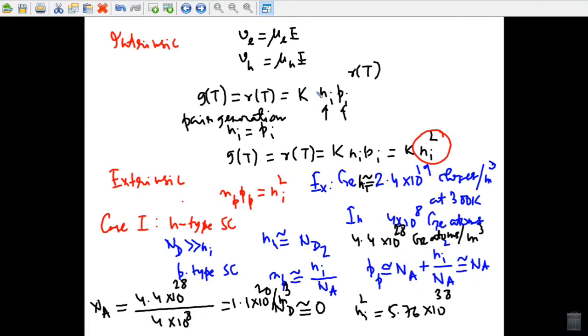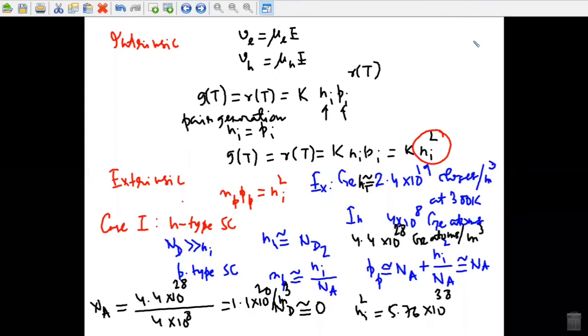Now, for pair generation, obviously Ni is equal to Pi, so that G(T) will become R(T), and this becomes some proportionality constant K times Ni Pi. And if Ni is equal to Pi, simply G(T) becomes K Ni square.